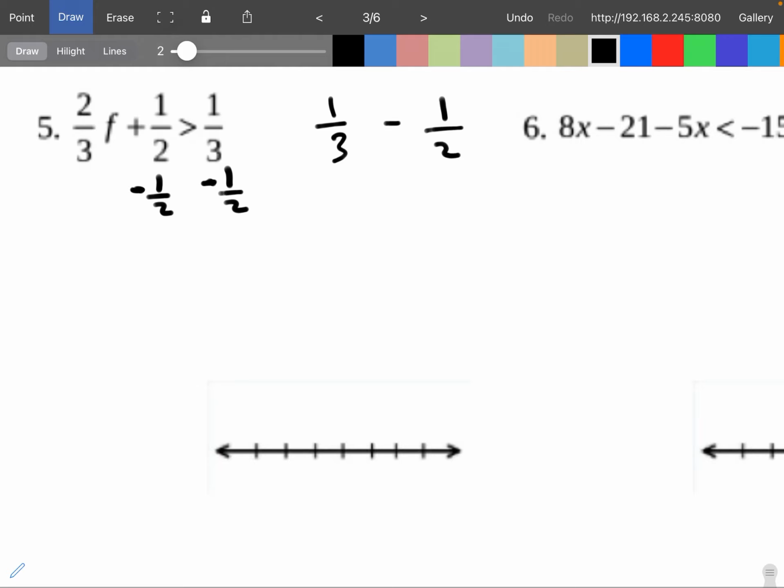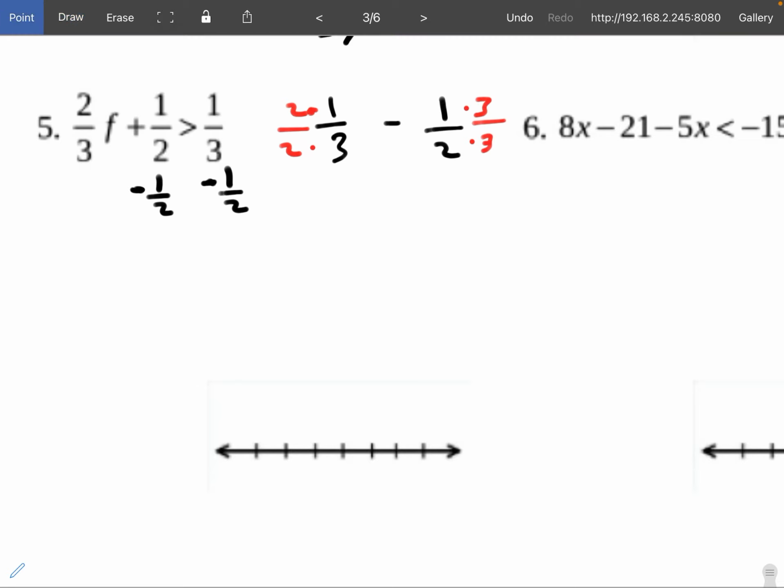So in order to add or subtract fractions, I got to have a common denominator. So what's the common denominator for 3 and 2? Yeah, that's 6. So I want to make both of those denominators into a 6. Well, in order to do that, I'm going to multiply this fraction by 2/2. Now that denominator will be a 6. And then the other fraction, I'm going to need to multiply by 3/3.